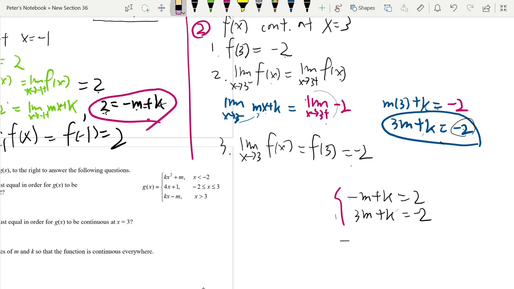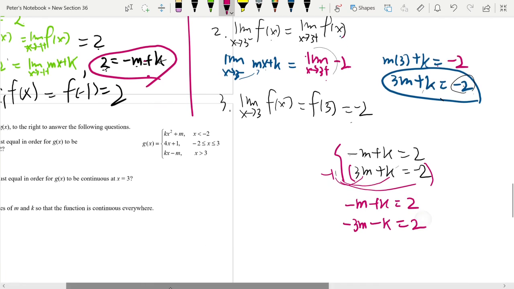So why don't we just multiply everything over here by -1 and then work it out? Then you have a new system of equations modified as -m plus k, distributed to every one of them. Then you get -3m minus k is equal to 2. That's probably better to reduce your error, right?